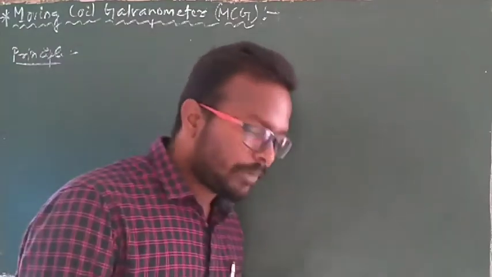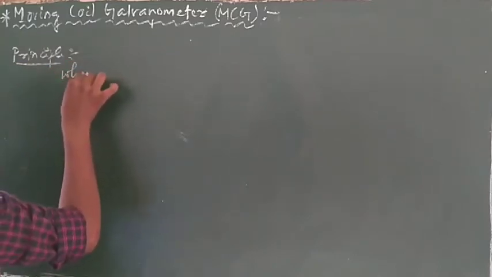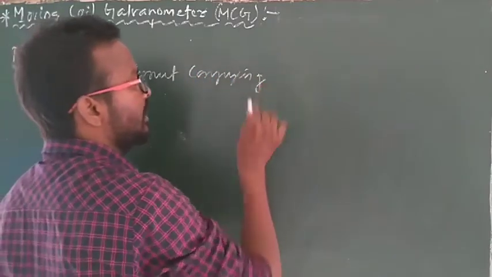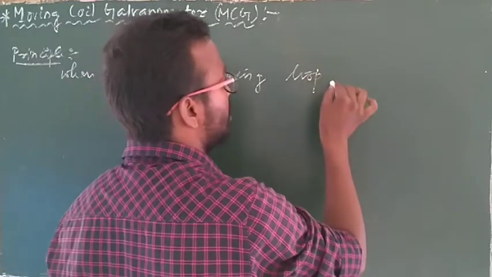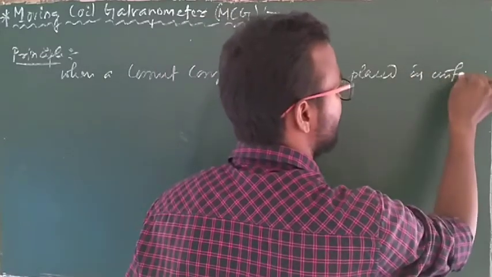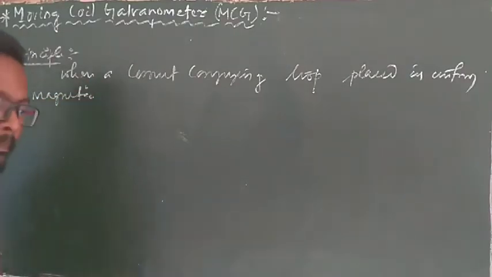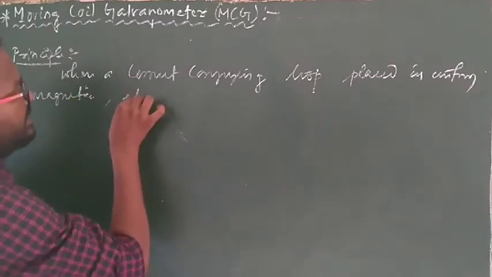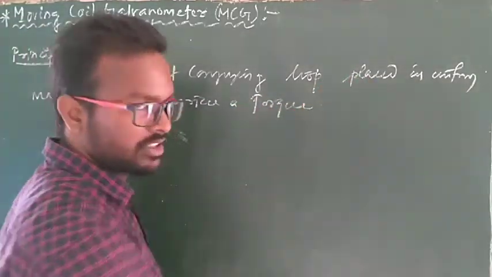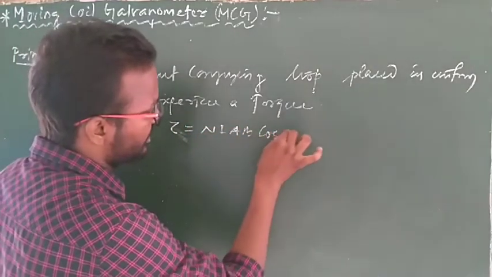Next point, we come to the principle. Here the principle used is that when a current carrying loop or coil is placed in a uniform magnetic field, it experiences a torque, and the torque tau equal to NIAB cos theta.